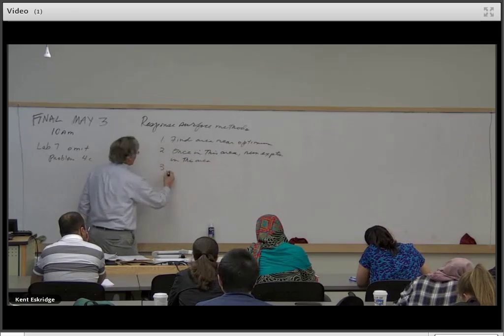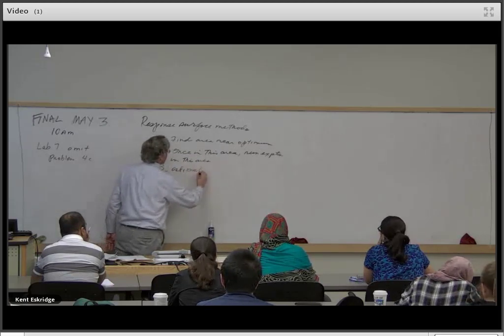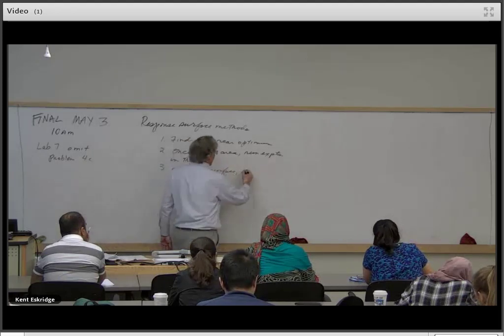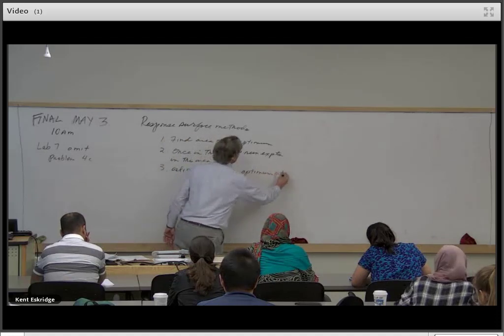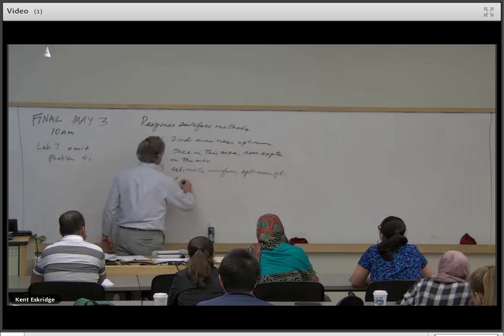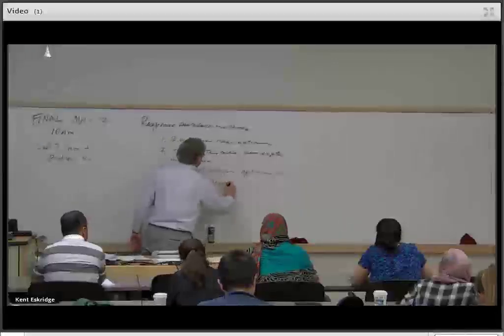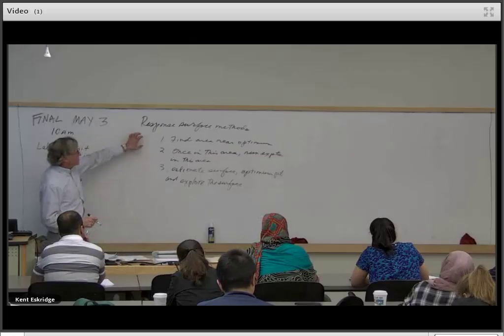And then, of course, the third one is to estimate the surface, the optimum point or the stationary point, and explore the surface. Okay, so I'll try to do these sequentially.